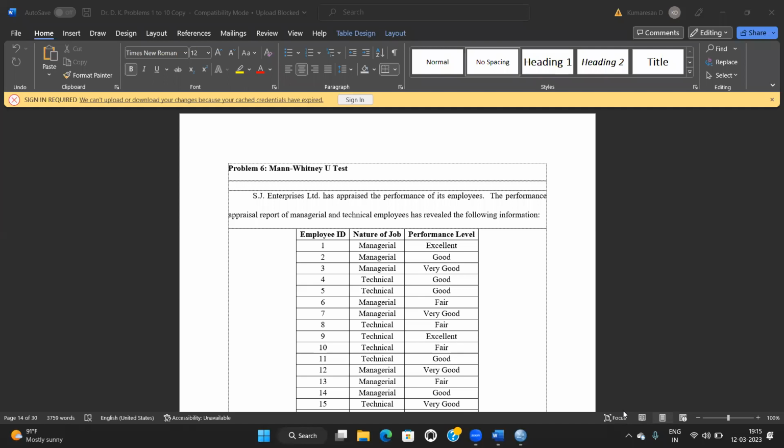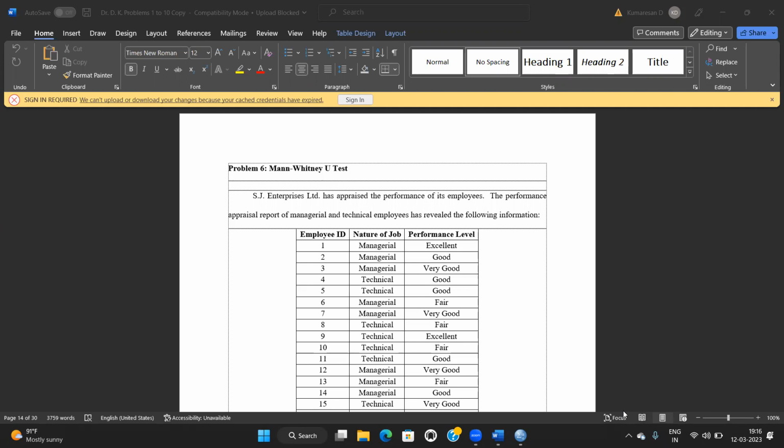Or if you have collected data in the form of ordinal data, you can apply Mann-Whitney U-test. Even before collection of data, you can decide the tool, whether you want to apply independent sample t-test or Mann-Whitney U-test. If you are particular about applying Mann-Whitney U-test, then you have to construct the questionnaire like this.